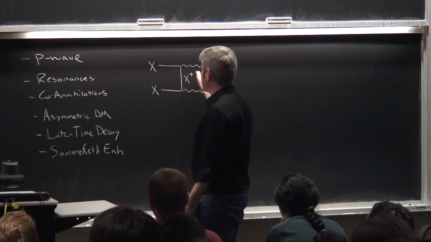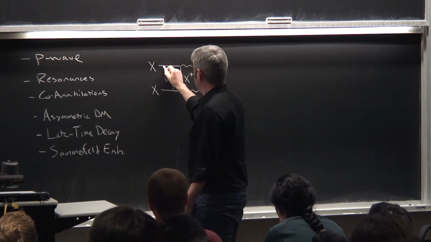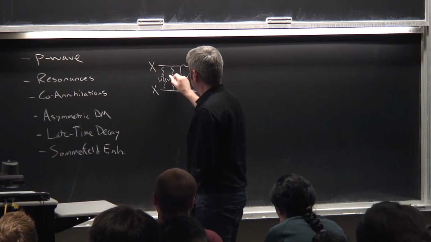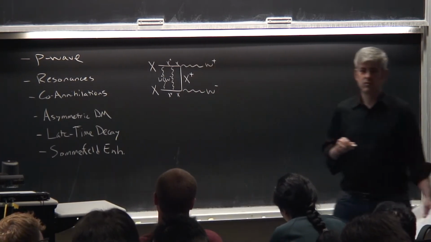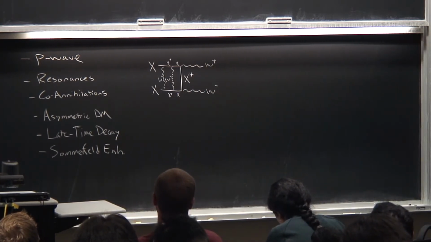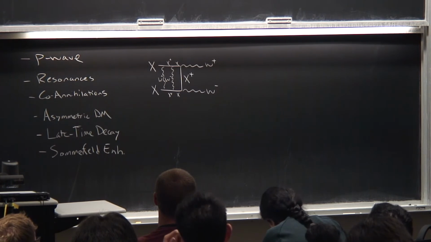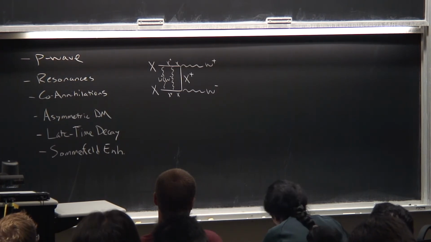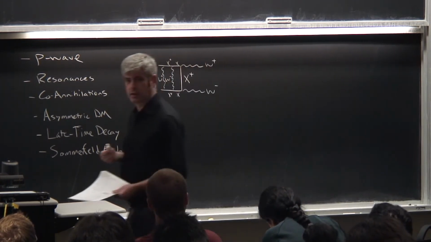Well, it turns out that diagram is enhanced by that diagram, for example. So I've now 2 extra W's being exchanged there. And it starts to look, in this case, when the W's are much lighter than the X's and X pluses, like an attractive potential, kind of Yukawa-like.